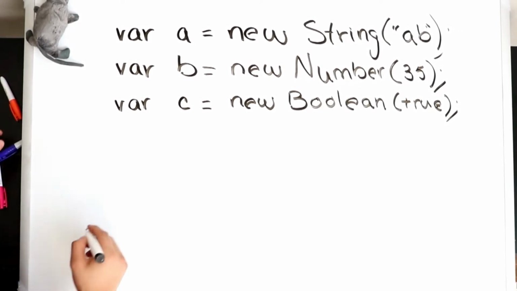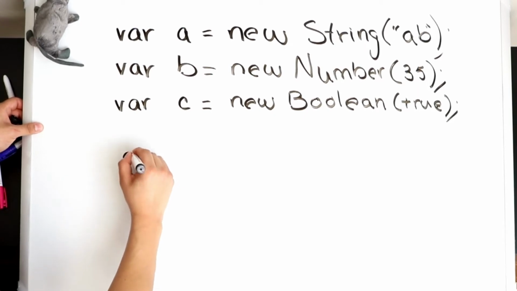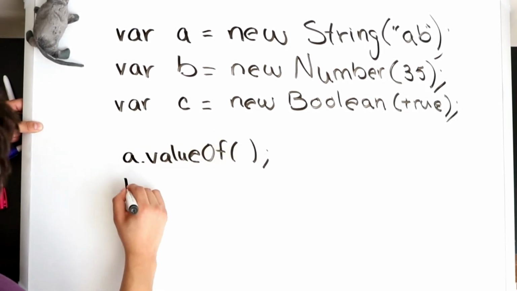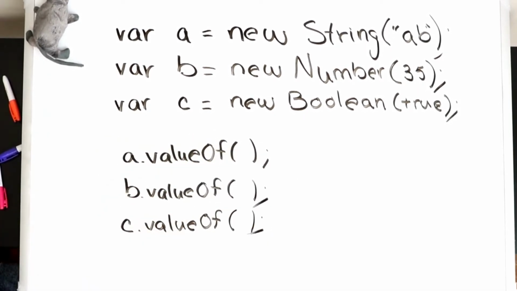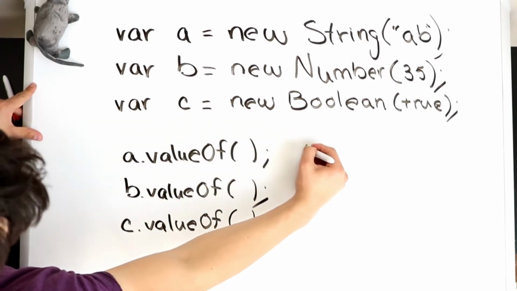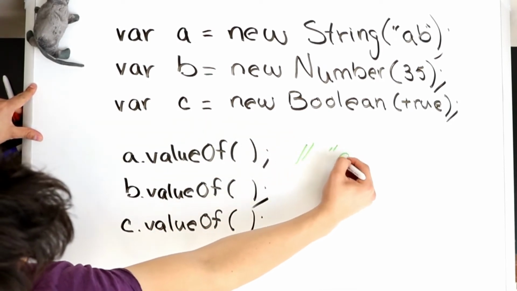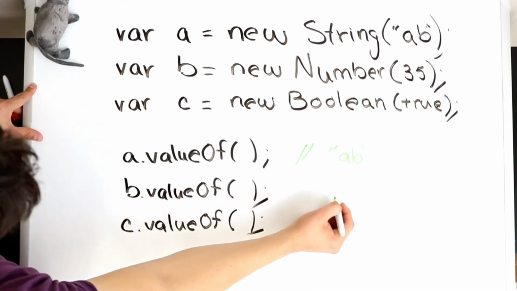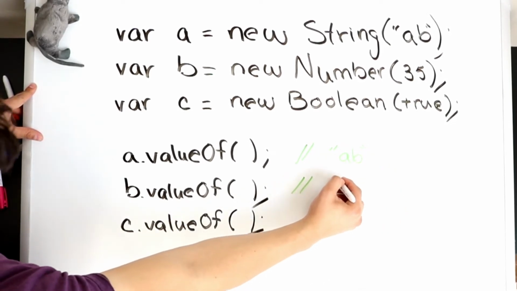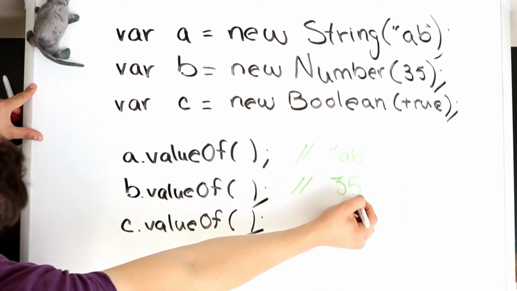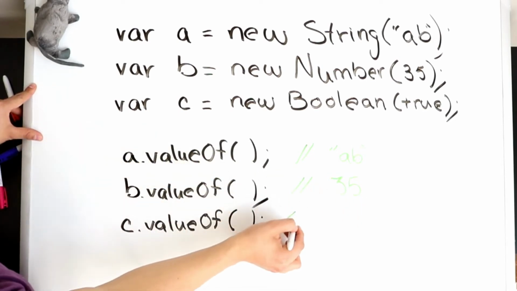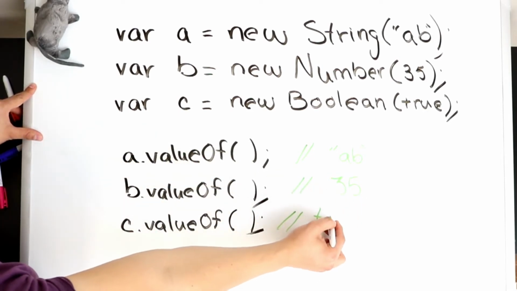The first one is going to be a string, the second a number object, and the third one a Boolean object. Now, by using the method valueOf, we can get the actual primitive value, which for the first one is going to be a string, for the second one a number, and for the third one a Boolean.